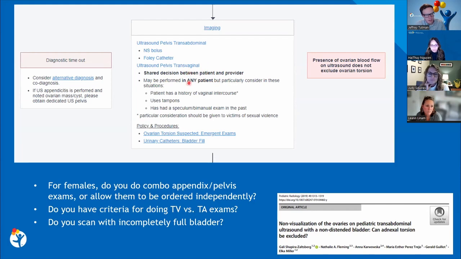So our current state is that if the patient or their parent consents to the exam, they are aware of what we're planning to do, and the ordering provider feels it's clinically necessary, then we allow those to be done. Most people I've talked to have more strict criteria than we do. I don't know what the best approach is, but that's the stance we've taken in collaboration with our GYN team.